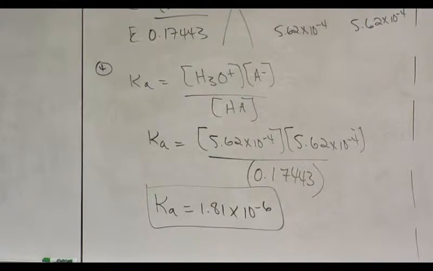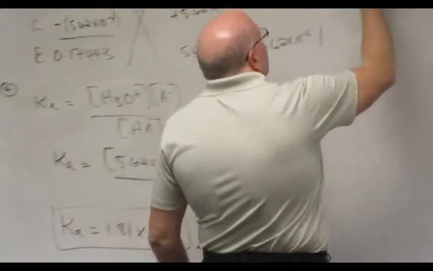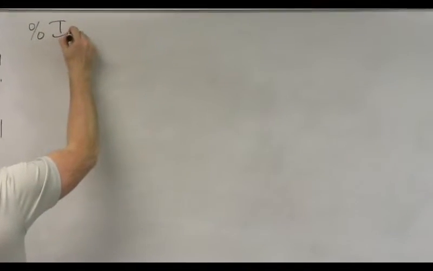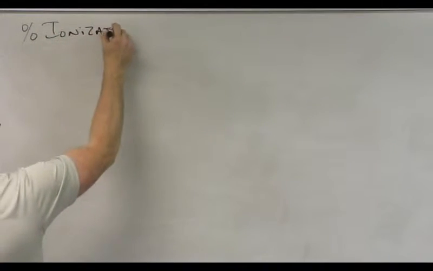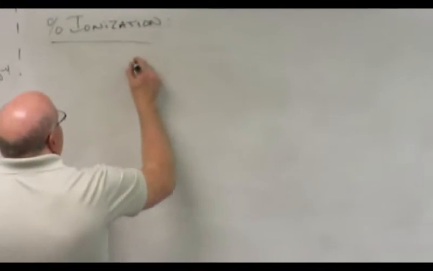This problem here, one thing that we talked about was the 5% rule. There's another concept, percent ionization. Sometimes we want to know just a numerical number of how much of the acid actually breaks apart. The percent ionization is really a look at the 5% rule.